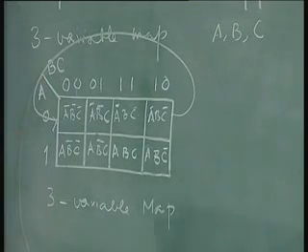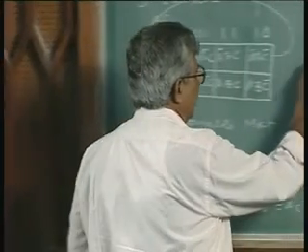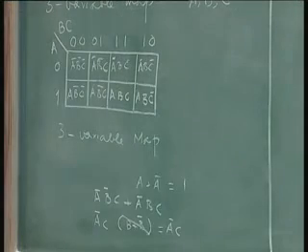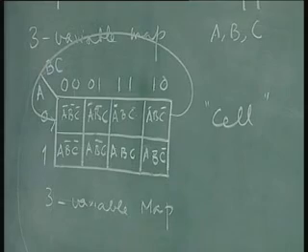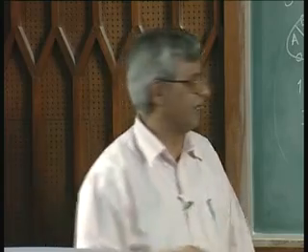So the cells of this map, I will call each of them a cell. And cells of the map which are adjacent to each other in horizontal direction or vertical direction will differ in the value of only one variable. All other variables will be the same. These are called adjacent cells.